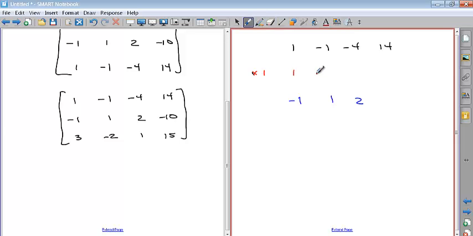In this case, it turns out I'm just multiplying it by 1. Okay, now put the rest of these numbers in here. Negative 10. Okay, now we add the two rows together. So 1 plus negative 1 is 0. Negative 1 plus 1 is 0. Negative 4 plus 2 is negative 2. And 14 minus 10 is 4.